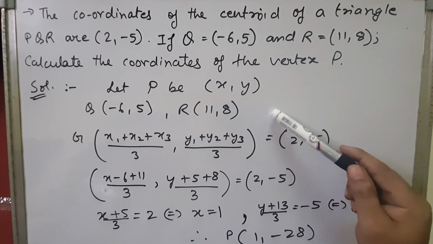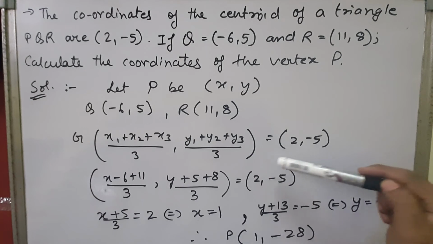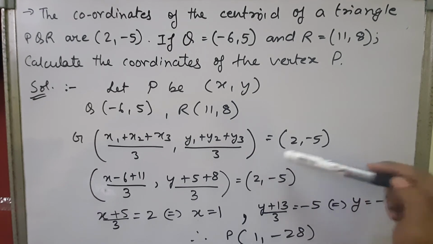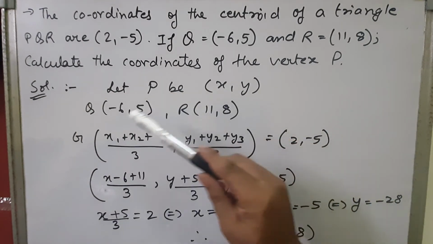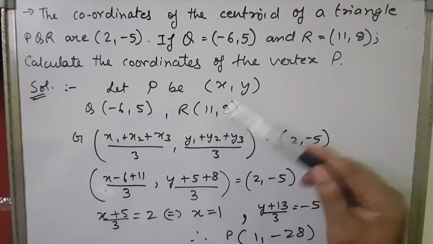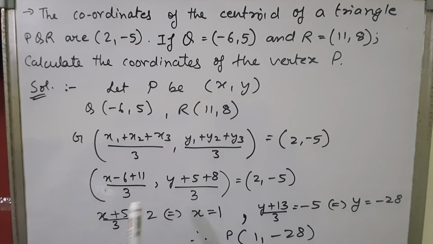The formula for the centroid is x1 plus x2 plus x3 upon 3 comma y1 plus y2 plus y3 upon 3, and the centroid coordinates given to us are 2 comma minus 5. When we substitute the values, we'll get x minus 6 plus 11 upon 3 comma y plus 5 plus 8 upon 3 equals 2 comma minus 5.